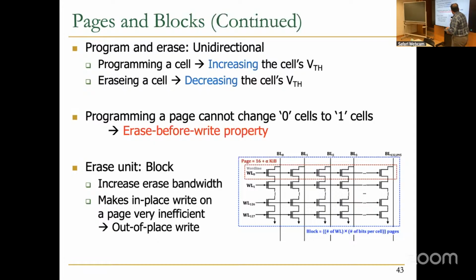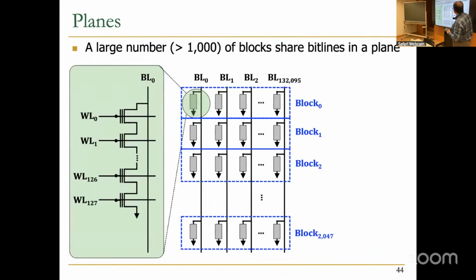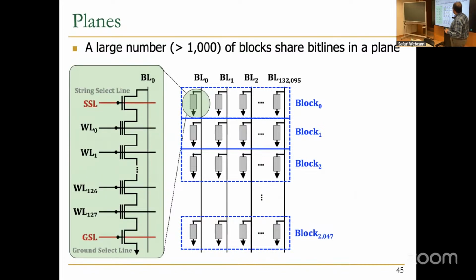So this is a block, and then a large number of blocks that share bit lines, we call it a plane. Each of these is a NAND string, and they are connected to the same bit line. So the whole thing we call the plane, and people add two transistors to each NAND string in order to control which NAND string should be able to connect to the bit line.